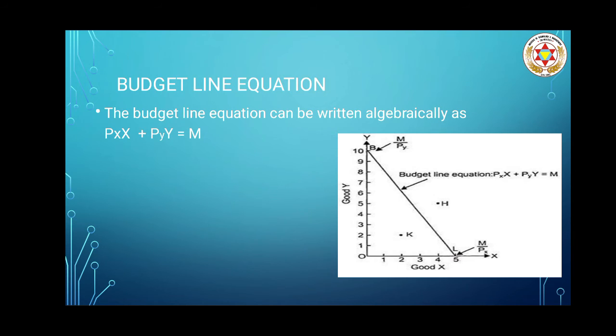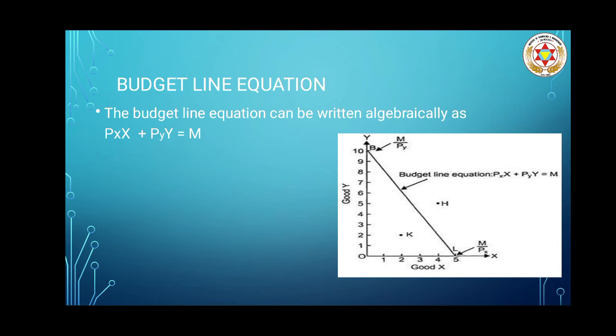In this budget line, B and L are the two extreme points, and the maximum amounts of x and y which a consumer can buy are shown at points B and L. The consumer cannot purchase at point H because it is out of his reach.